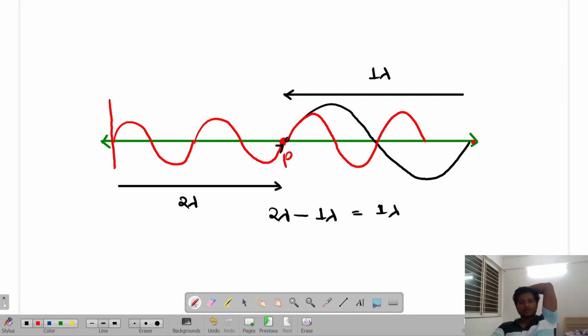The red wave is something like this way, isn't it? So you see that these two waves, the black wave is going to do like what? Black wave is going to also travel in the same fashion, isn't it?